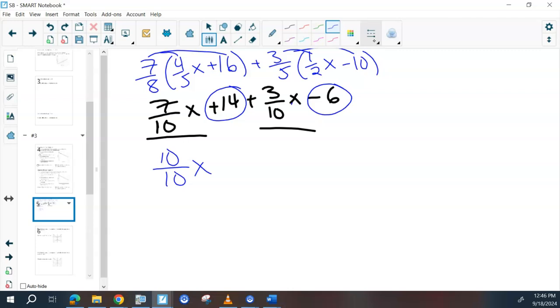You would not change the denominator. And then combine these two, 14 minus 6 to get 8. And then this can be simplified to just 1. Or you could write it as just x plus 8. Either answer is fine. Questions on that?